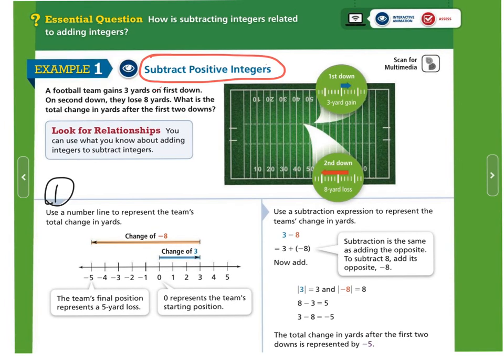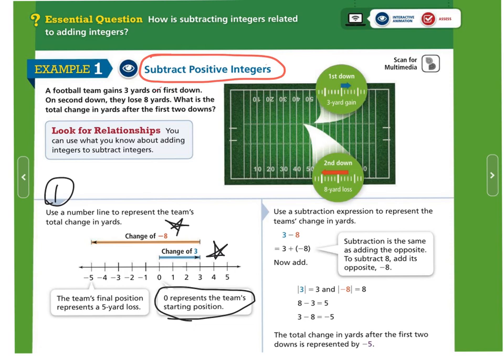In the first step, we use a number line to represent the team's total change in yards. A gain of 3 yards would be represented by movement in the positive direction. Remember that 0 represents the team's starting position. A loss of 8 yards would be represented with a negative number.